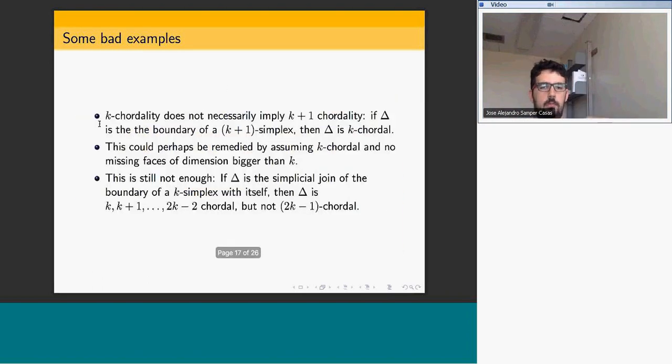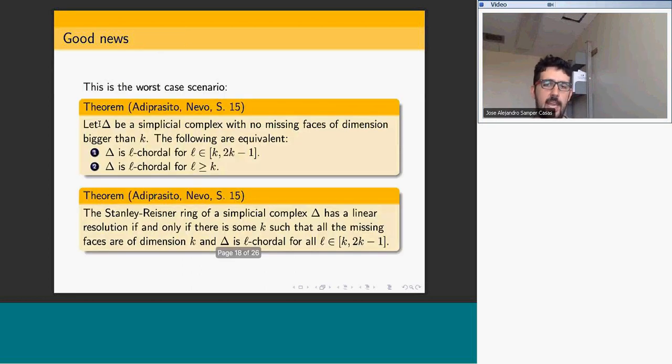So the example was k plus 1 up to 2k minus 2 chordal, but not 2k minus 1 chordal, with dimension k.